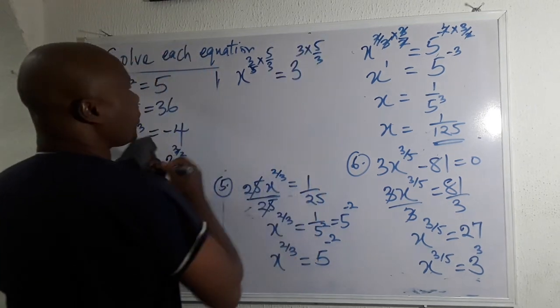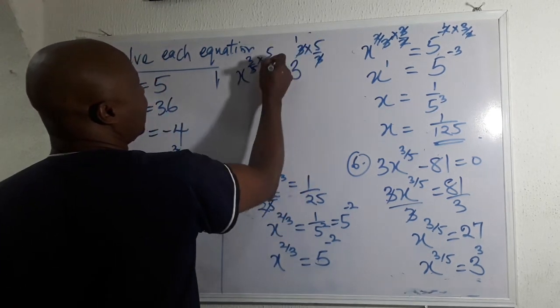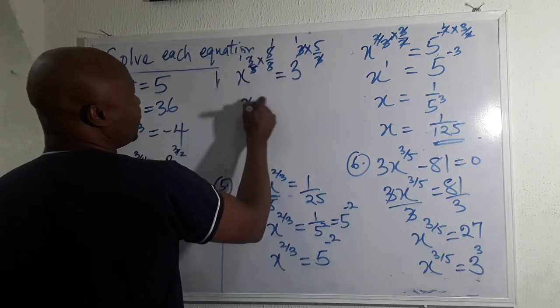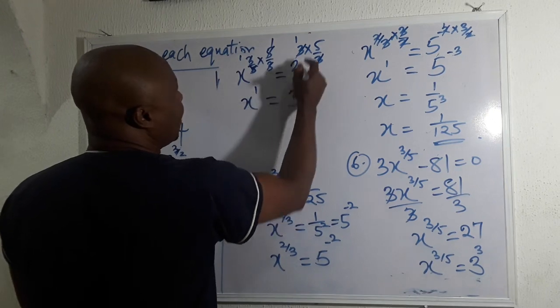So now this 3 going into 3 is 1, 3 going into 3 is 1, 5 into 5 is 1. So everything here gives us x raised to power 1 is equal to 3 raised to power, what is left here is 5.